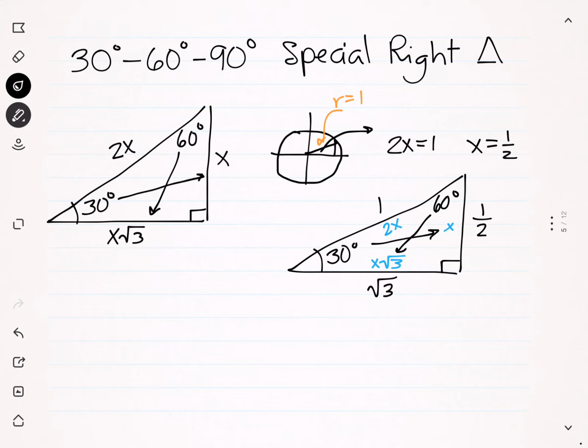We are going to write it as root 3 over 2. Remember, we don't want any radicals in our denominator. All right, so now we're going to take this over to the unit circle and fill out our whole unit circle for our reference angles of 30 degrees.